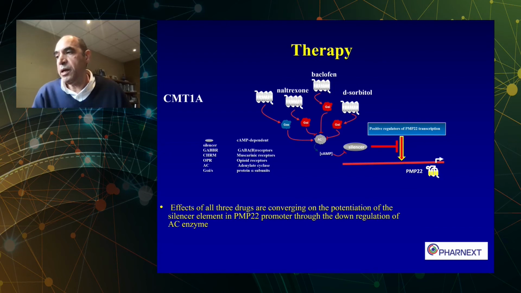treatment proposed by Pharnex, which is a French company, using 3 molecules, baclofen, naltrexone, and sorbitol, each of them acting at a different molecular level. Finally, the result is to decrease the production of PMP22.